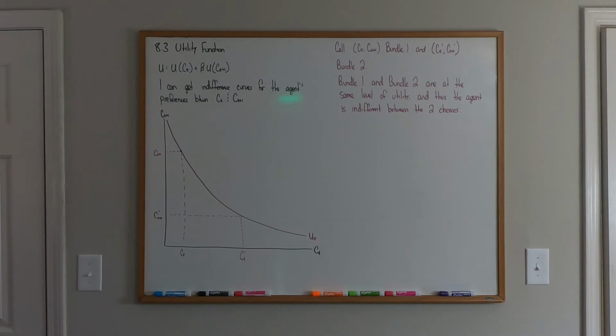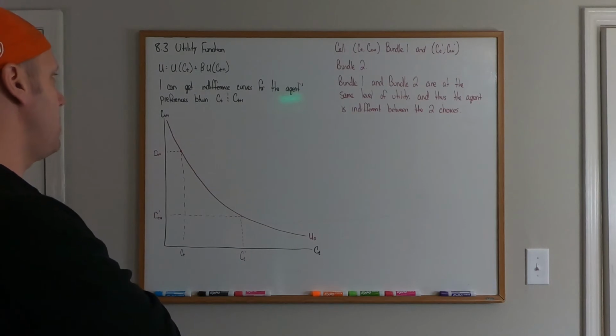The agent just does not care. Whether he's at bundle 1 or bundle 2, he is just as happy. So if he or she are just as happy at bundle 1 or bundle 2, well, they're on the same level of utility.